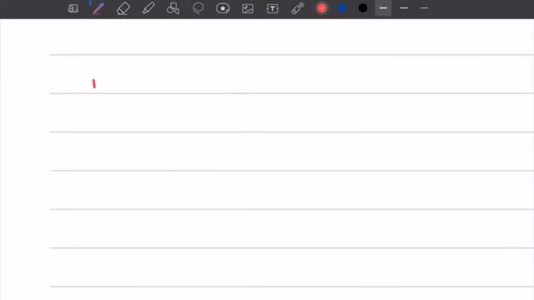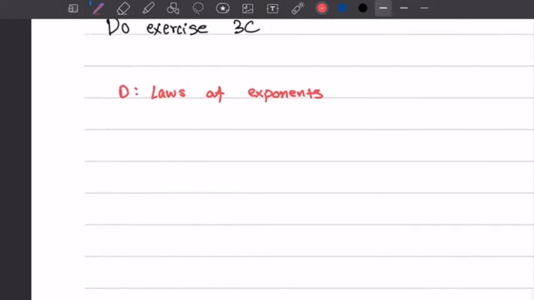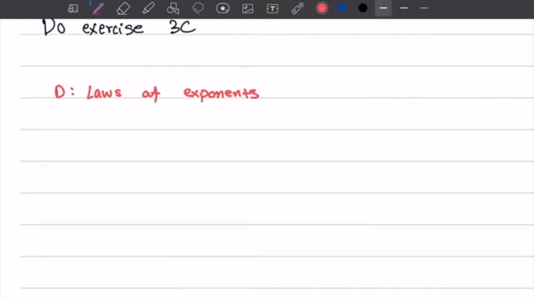So part D, laws of exponents. All right, so what can we say about power laws? As I mentioned before, exponents have different types of power laws which you can follow depending on different things.